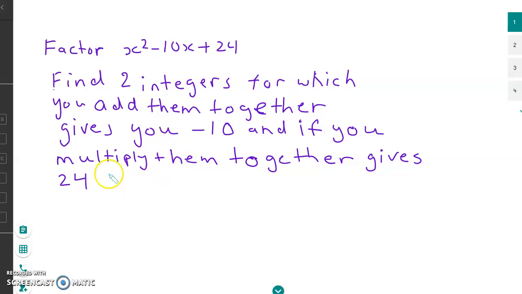Let me summarize what I mean: we want to find two integers for which if you add them together gives you negative 10, and if you multiply them together gives you 24.